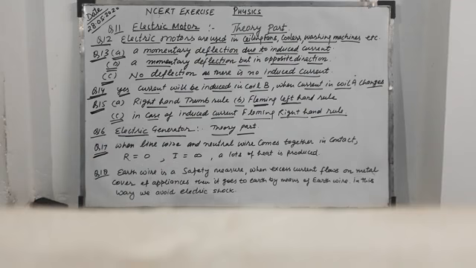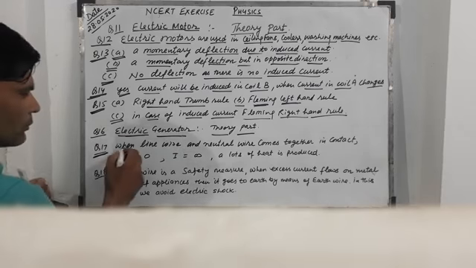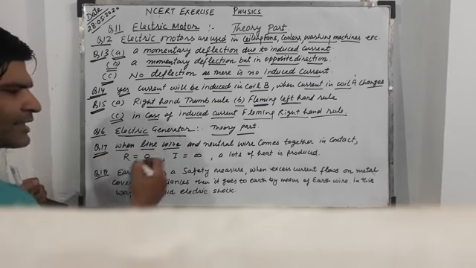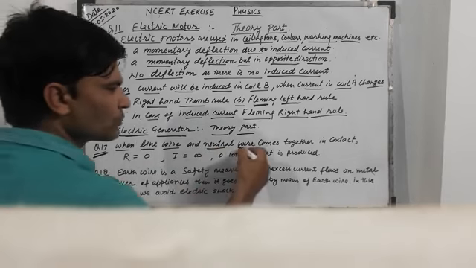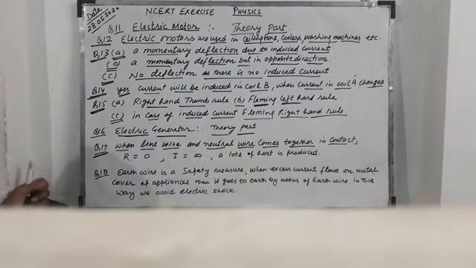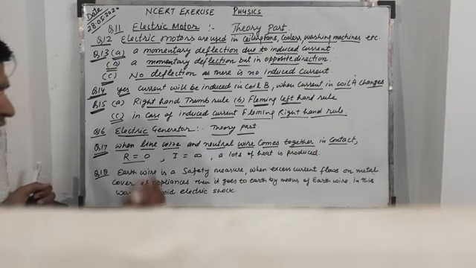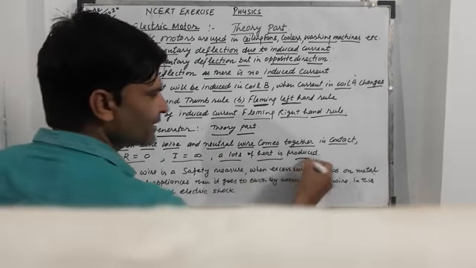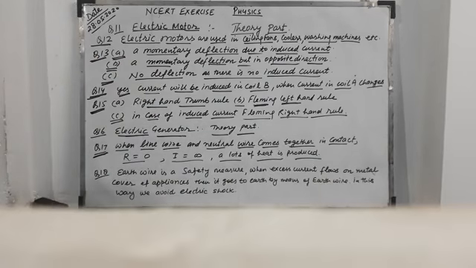Question is asking about the short circuit occurs. So short circuit occurs when live wire means phase wire and neutral wire comes together in contact. Then resistance becomes zero, current becomes infinite, and loads of heat is produced.